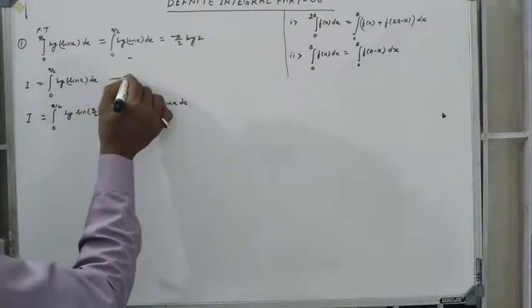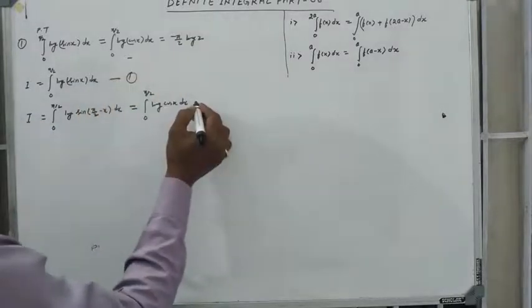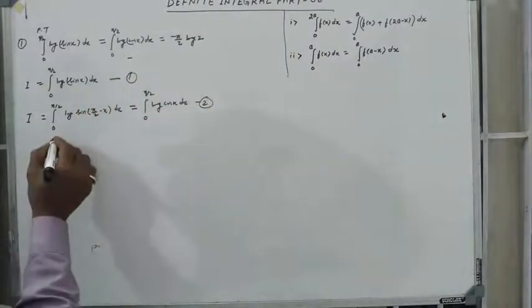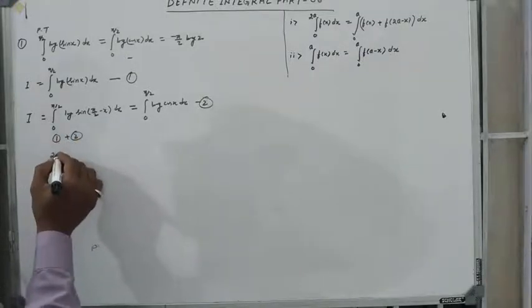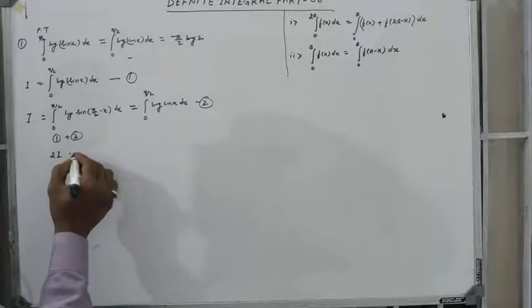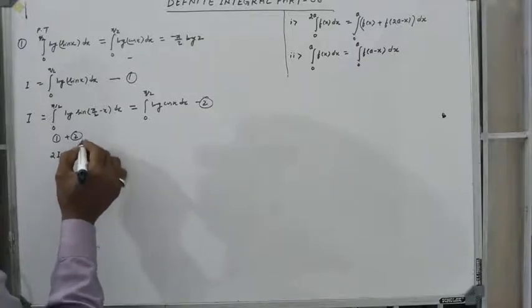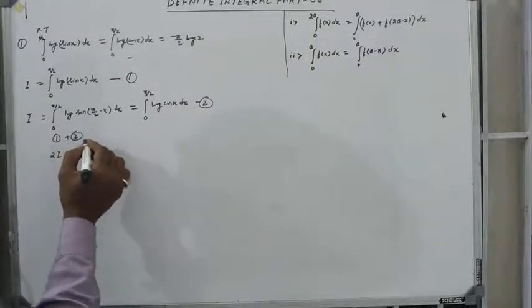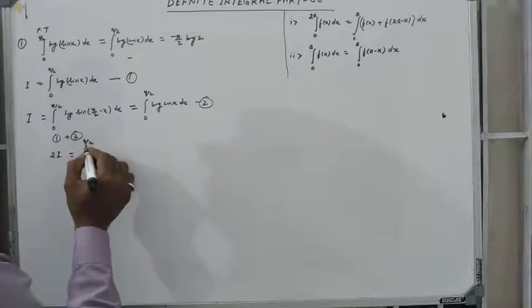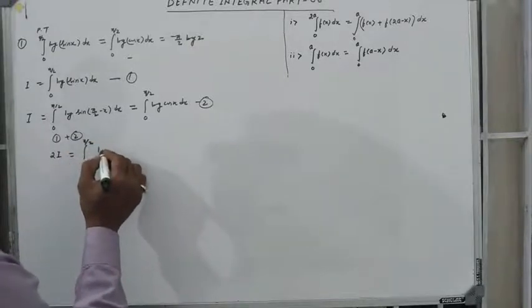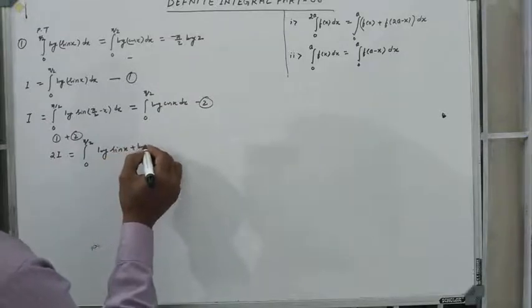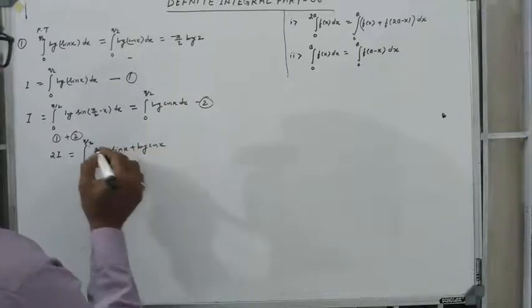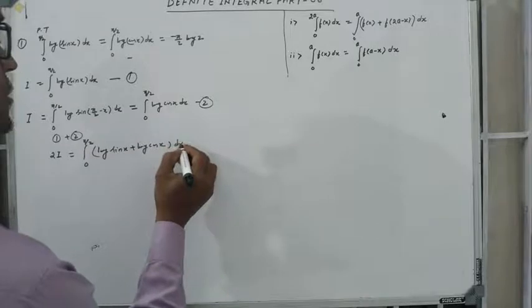So if you assume this is 1 and this is 2, adding 1 and 2, you will get twice I, and on the right hand side the limits are the same, so it will be log sin x plus log of cos x dx.